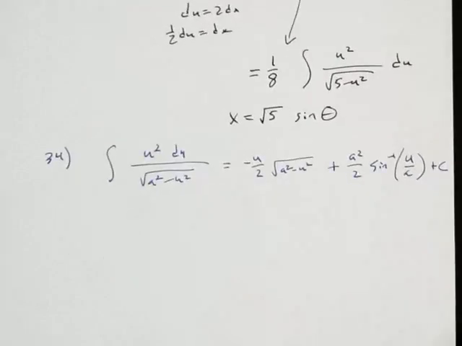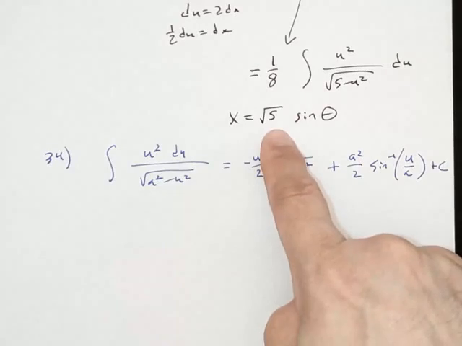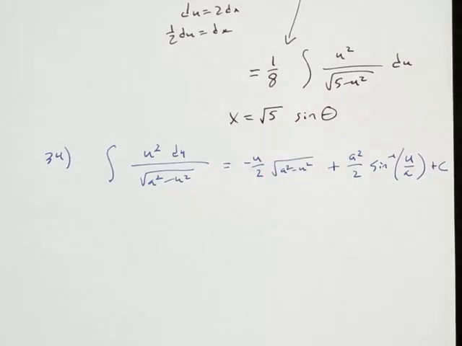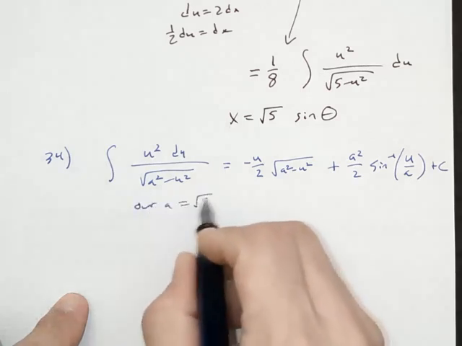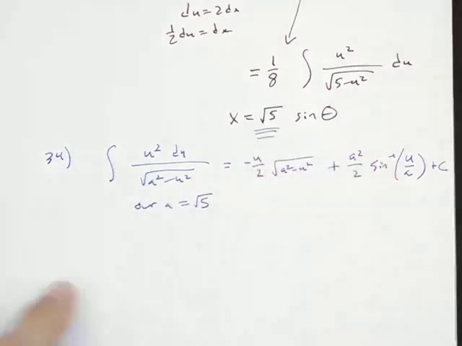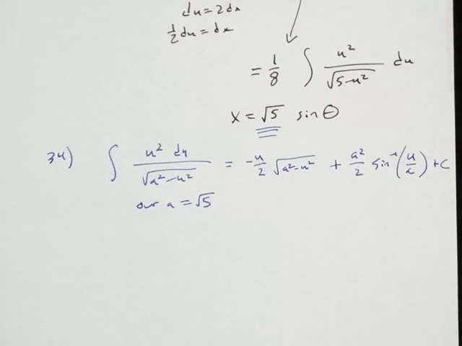So I must have ended up with the right pieces floating out. Well, now our A is the square root of 5, which means I actually don't have to do the integral.